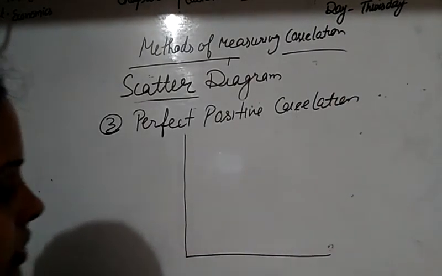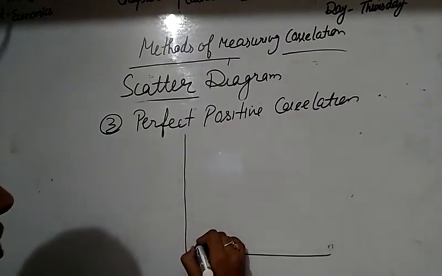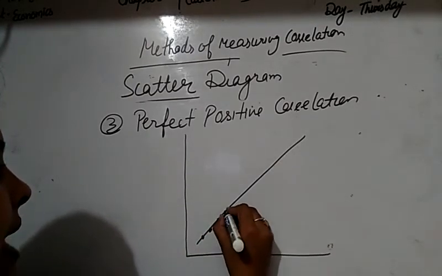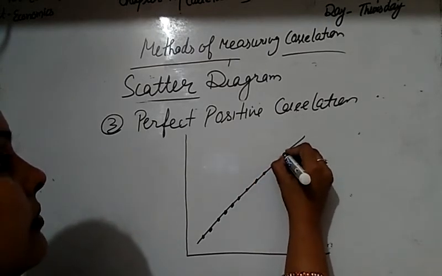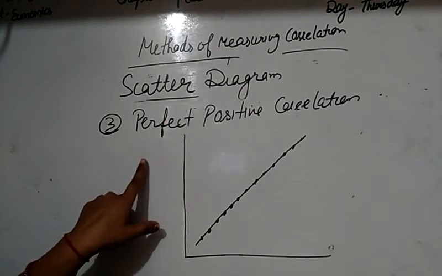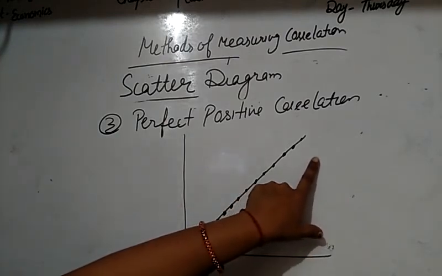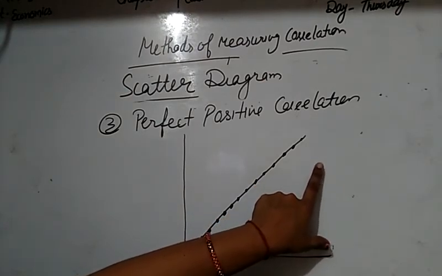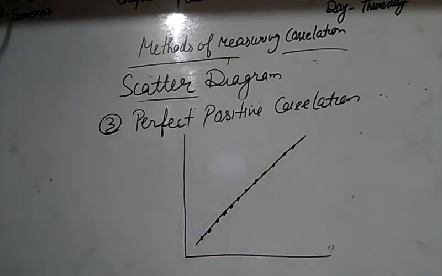So this is a graph. When perfect positive correlation is there, all the points lie exactly on the upward sloping line. If all points of the scatter diagram lie exactly on the upward sloping straight line, then the correlation is said to be perfect positive correlation.